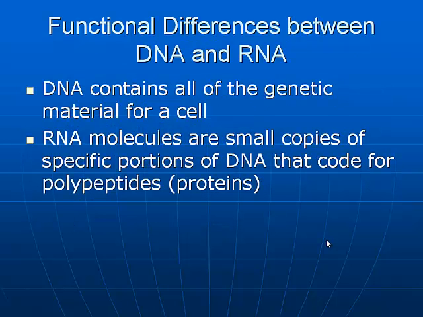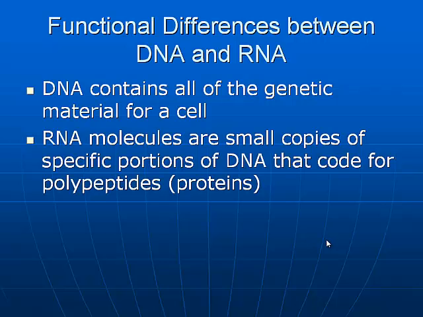There are also functional differences between DNA and RNA. DNA contains all of the genetic material for a cell. You could relate it to a master plan of sorts in a building project.